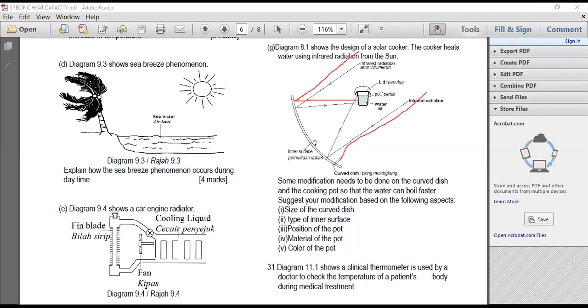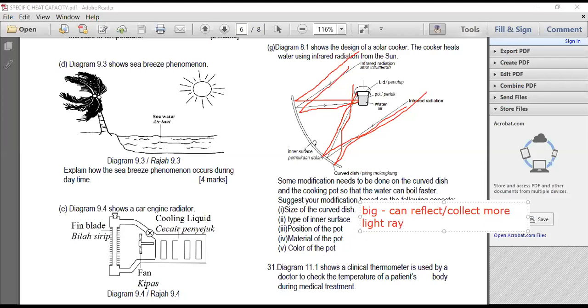So the size of the curved dish must be big. Reason: can reflect or collect more light rays.